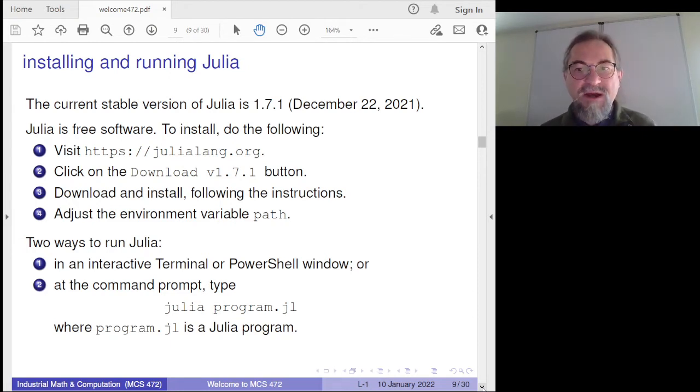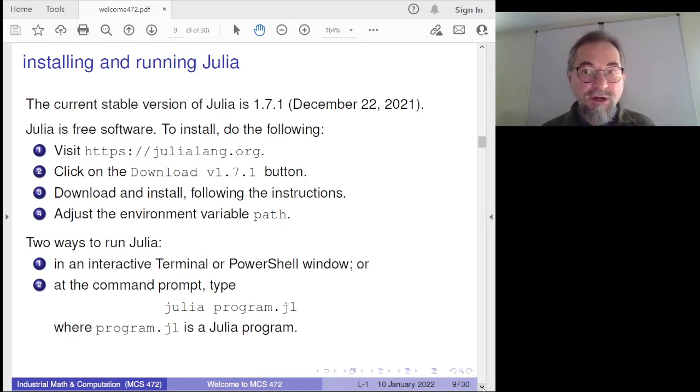For somebody from my generation, I still like to use a terminal window when I'm on Linux or on a Mac, or on Windows. I very much appreciate the PowerShell. So if you want to run your code just by typing in Julia, then you have to set the path.